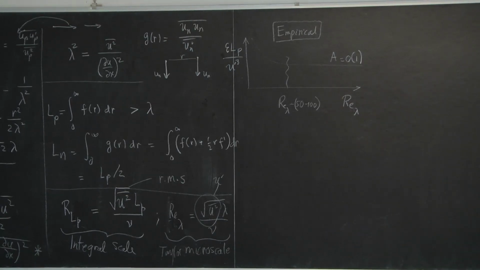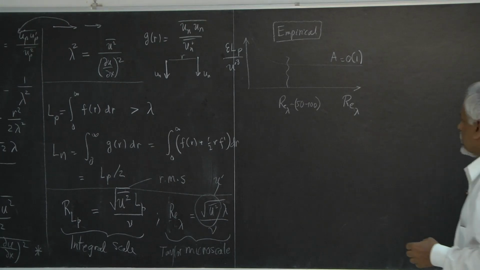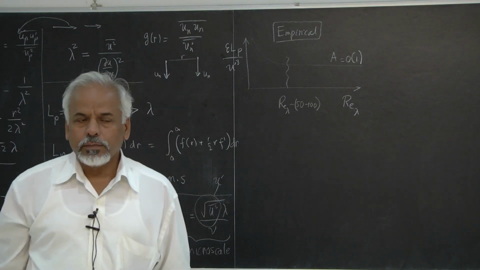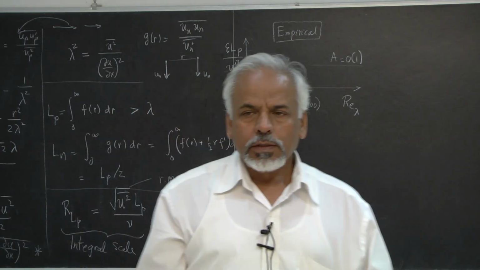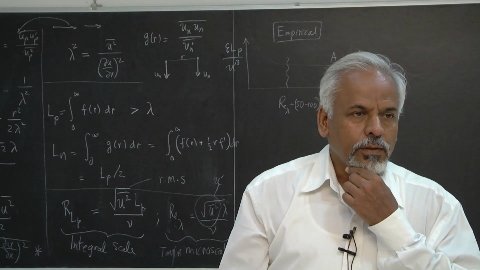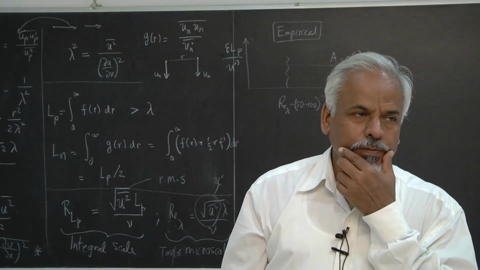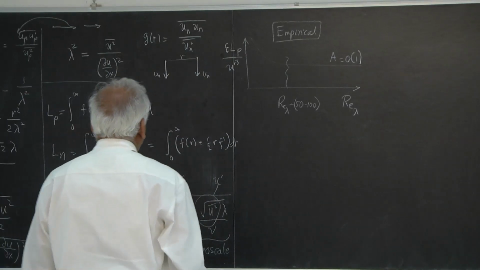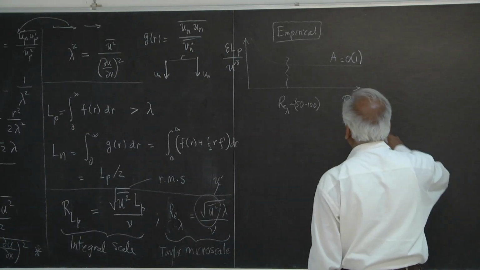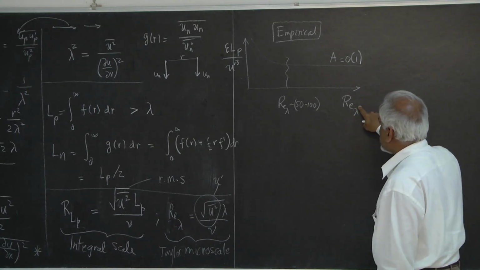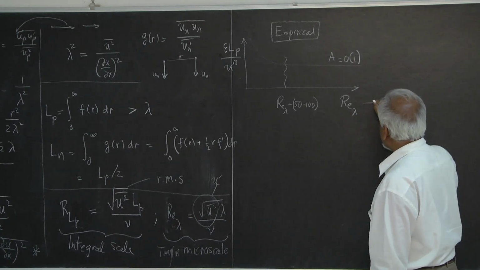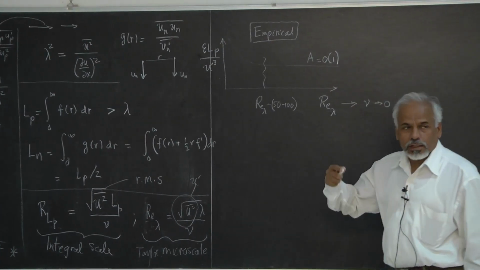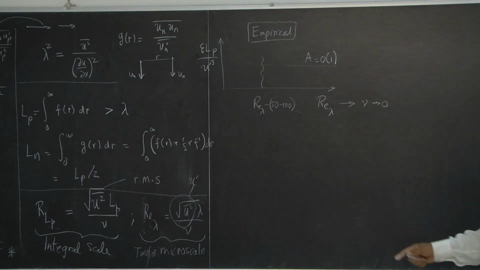There is no theoretical model that gives you this. However, I refereed recently a paper by an author who claims he has some mathematical underpinning, and I actually gave a positive report on the paper. But I won't talk about it much. The point is, when the Reynolds number goes to infinity, you can interpret that as viscosity going to 0. I mentioned this yesterday, but I repeat it.